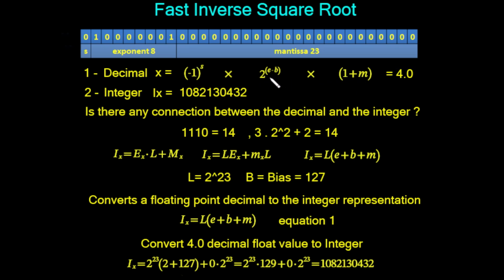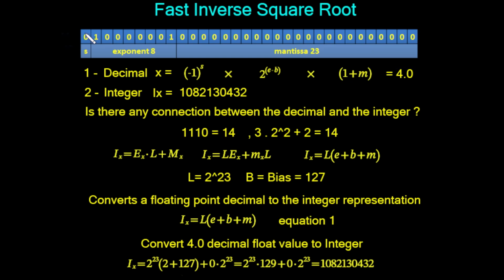That's going to change the binary number here into a decimal value, and we know it's going to give us the value of 4.0. So this is the decimal representation of this 32-bit floating point number.